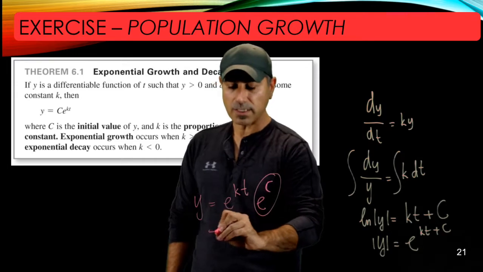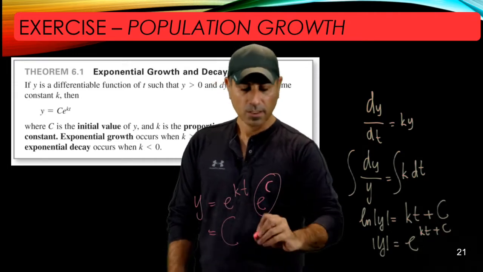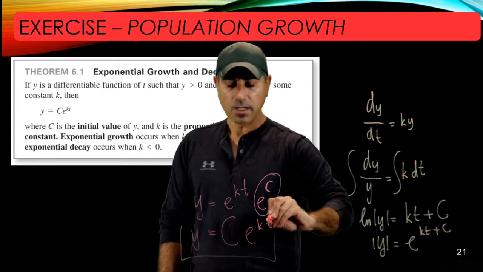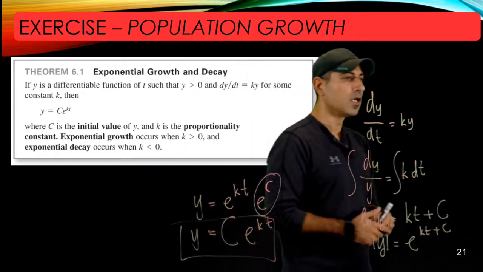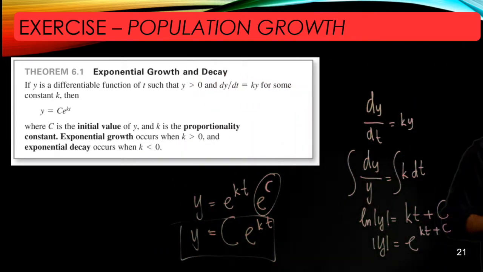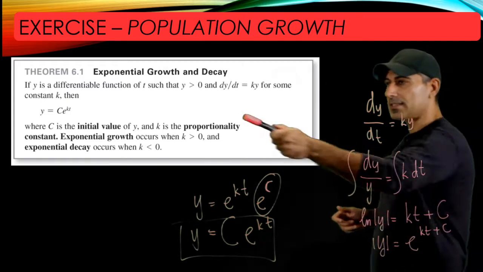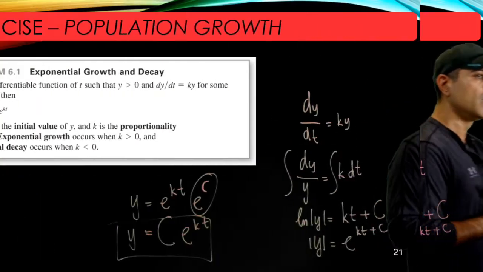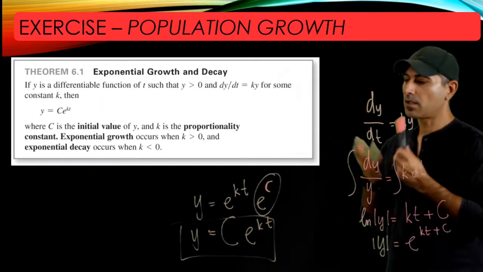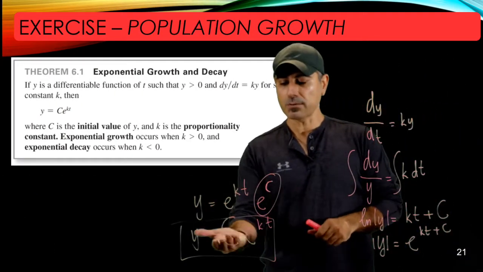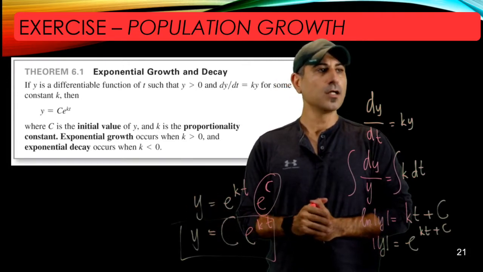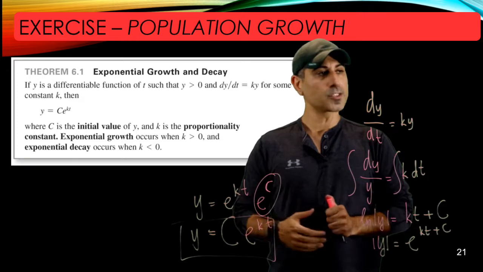So why don't we call it a generic arbitrary constant multiplying e to the kt, to describe the general solution of the differential equation. That's exactly where the c e to the kt comes from. As I said, c is the arbitrary constant, but in our setup, c is going to be found by the given model. And here k is the proportionality constant.